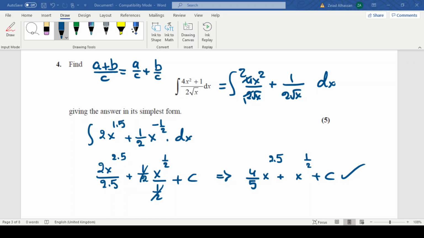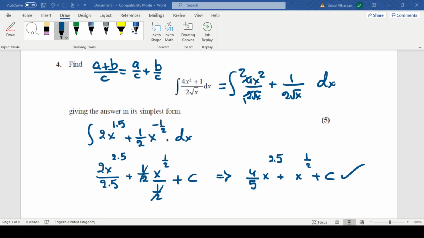At that point P, we have a curve, then we have a tangent, then we have a normal. We need to find the equation of the normal, which is y equals mx plus c, and the gradient of the normal relates to the gradient of the tangent.